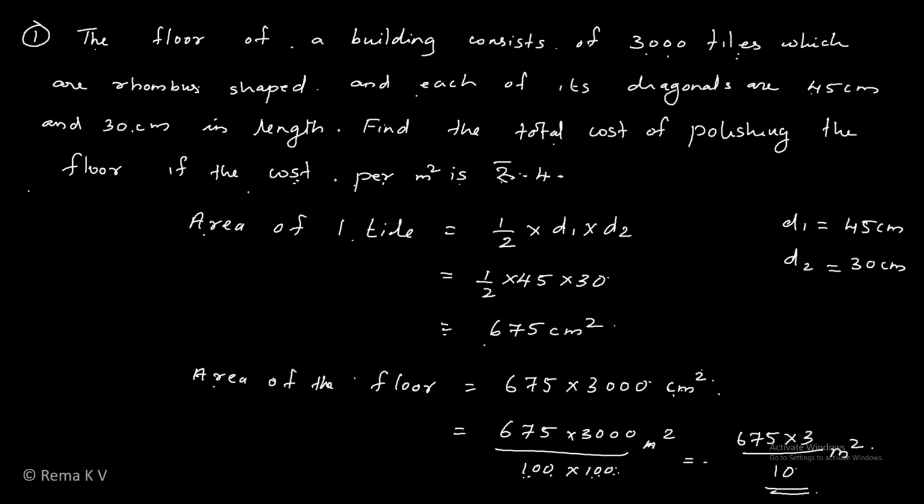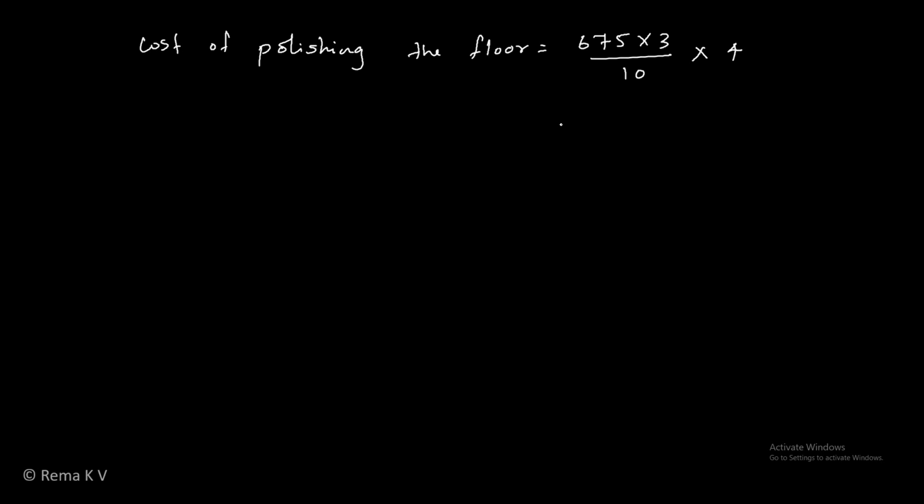And now this is the area of the floor. Now we have to find the cost of polishing. Cost of polishing the floor equals 675 into 3 divided by 10. This is the total area. This multiplied with cost per meter square.